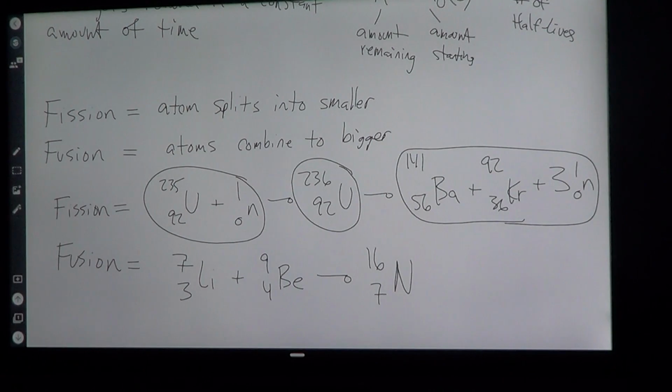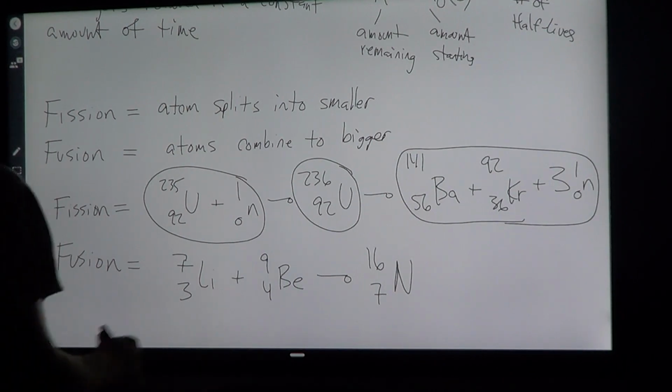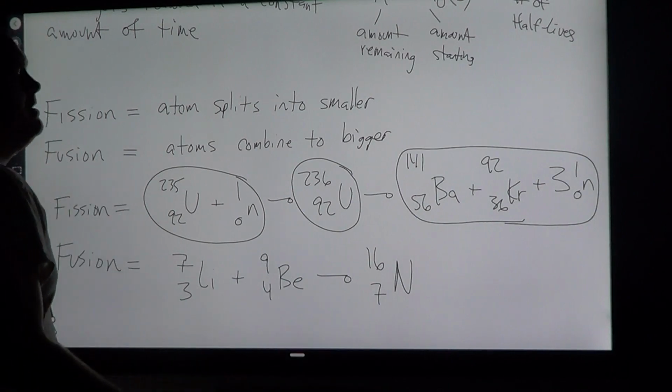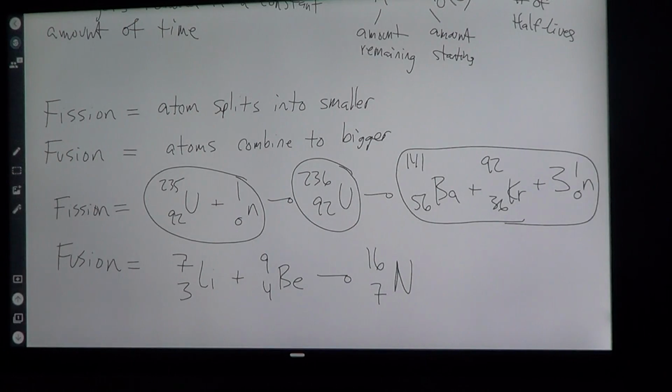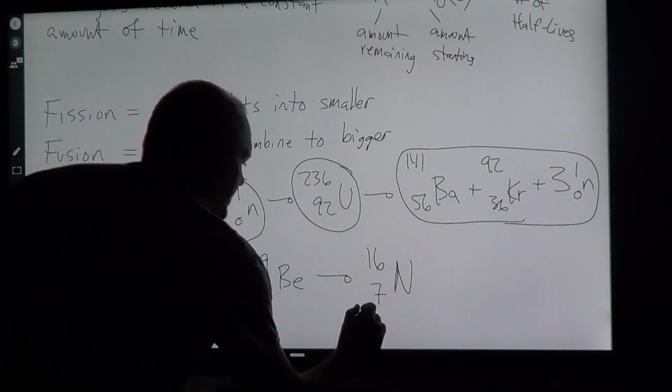Okay? Now if you were to run the neutron to proton ratio for that, it would be outside of the band of stability, so this would probably automatically undergo beta decay to become an oxygen. Okay, so this is probably unstable.